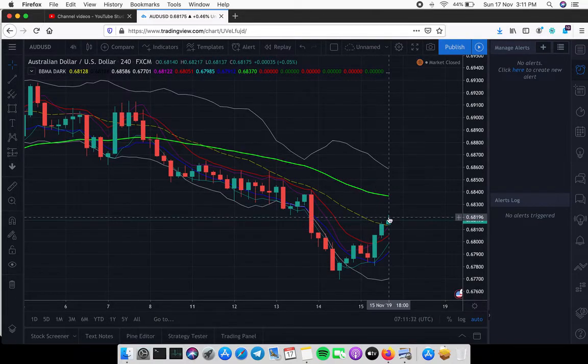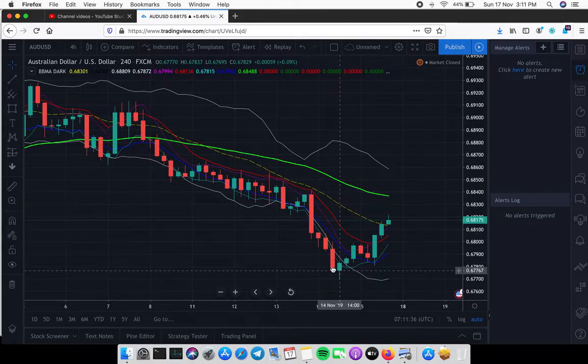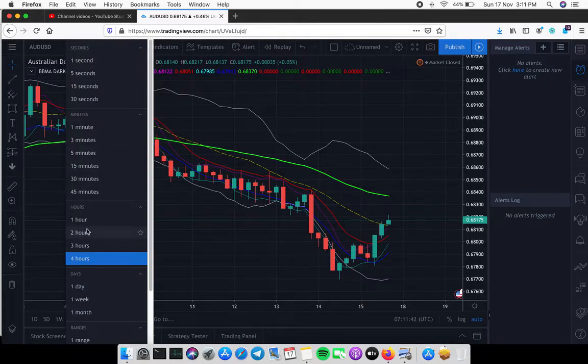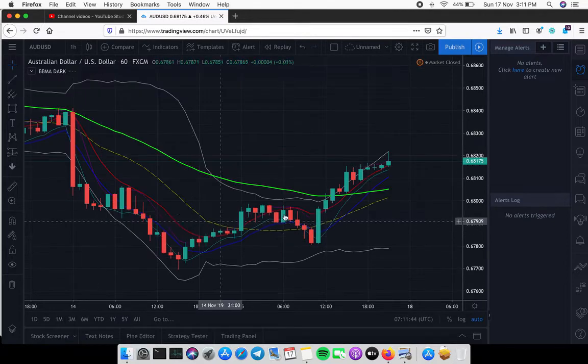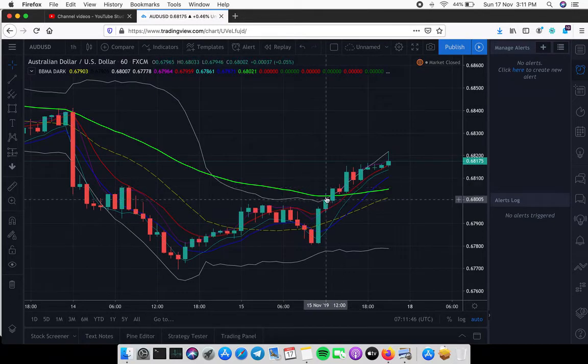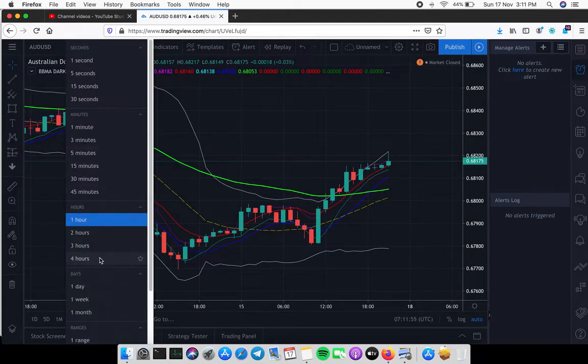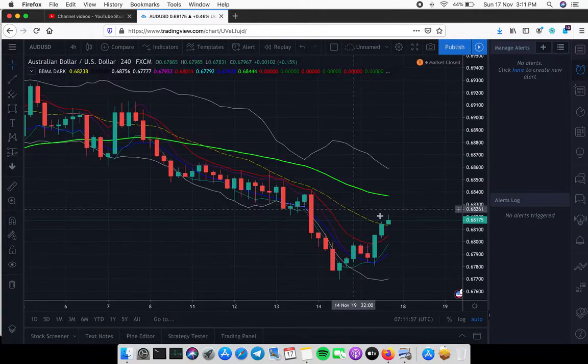For myself, I want to be sure of the setup before I enter. So we can go further and look at H1. H1 is good because we can see a momentum buy.